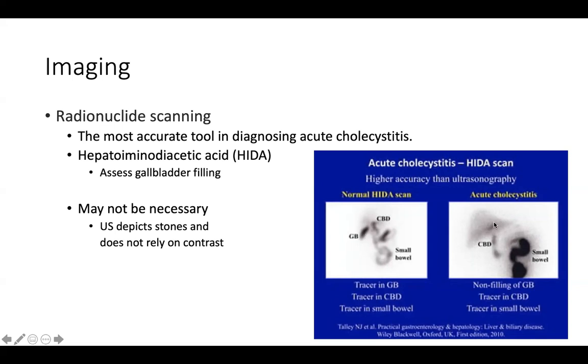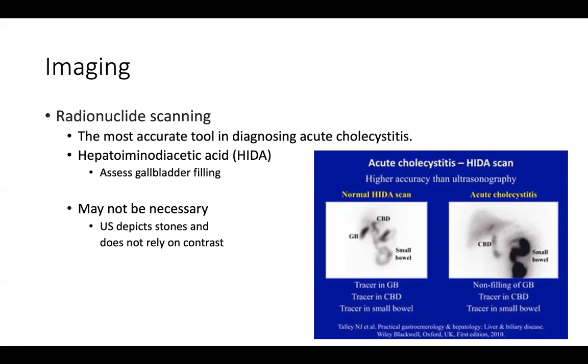In acute cholecystitis, normal hepatic uptake without gallbladder filling is diagnostic. This test, however, may be unnecessary because the diagnosis can be obtained clinically and the presence of gallstones or sludge can be seen on ultrasound.